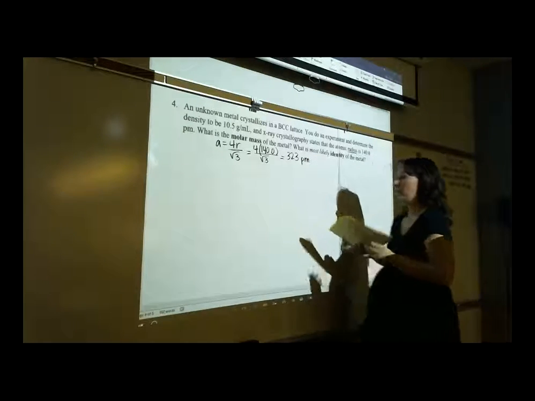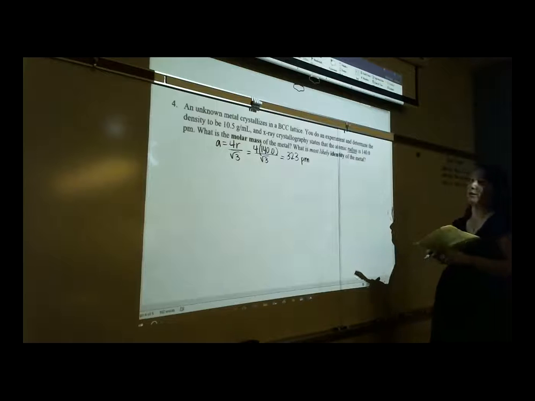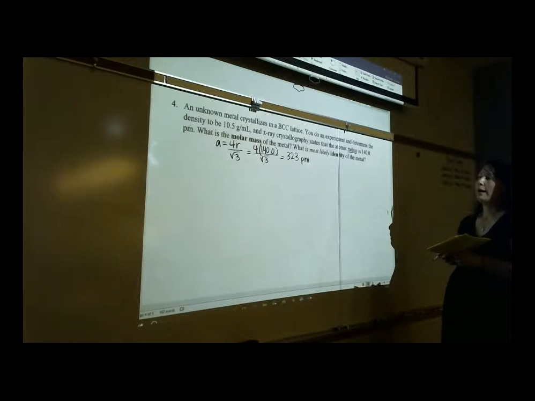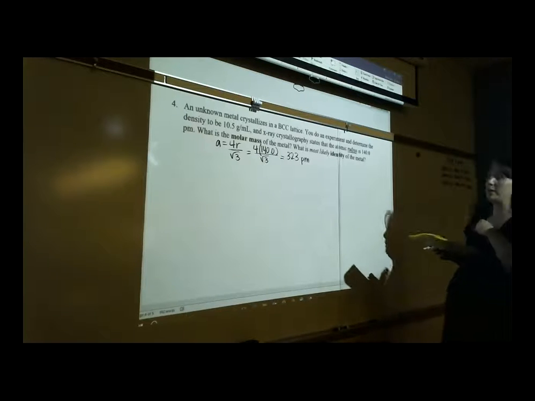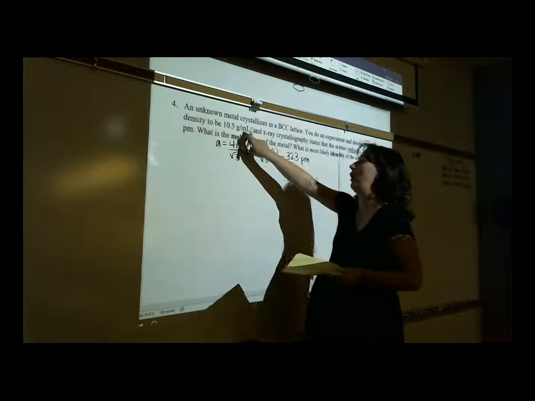And now, let's go ahead and convert that into centimeters. Why do we want that to be in centimeters? Because we're eventually going to be calculating what? We're going to be using density, right? So we need a volume.